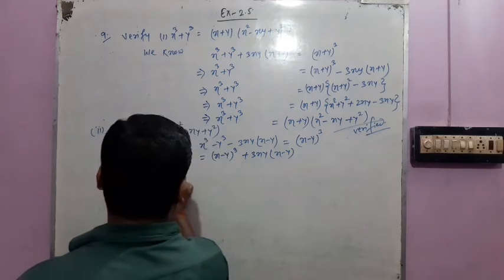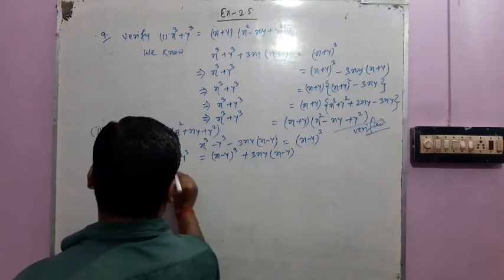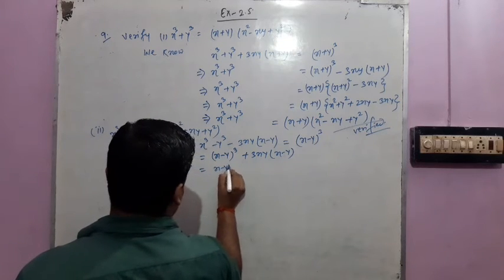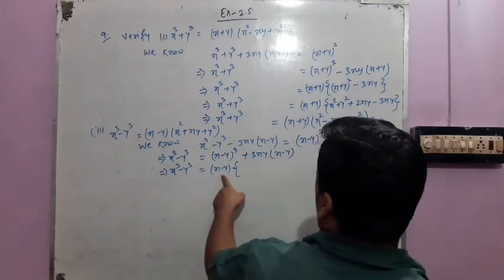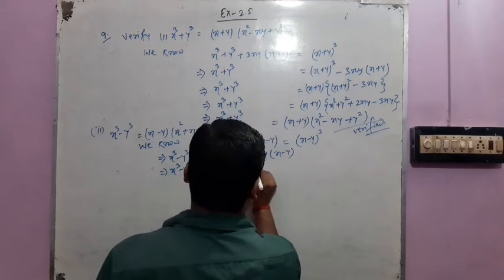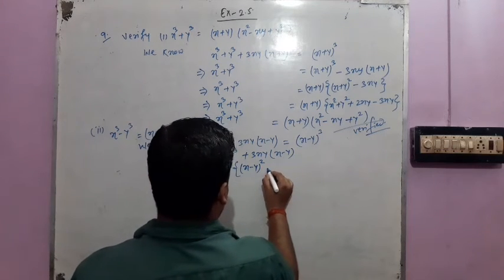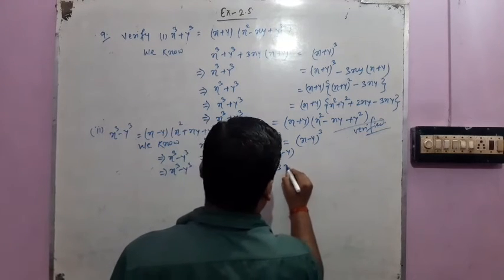Now, out of both terms, what will we take common? x minus y. Now, if we take x minus y common from both terms, what remains here? (x minus y) whole square, and what remains here? 3xy.